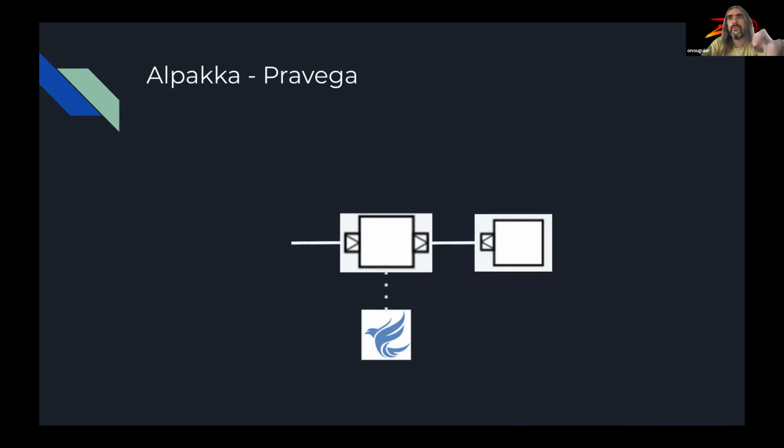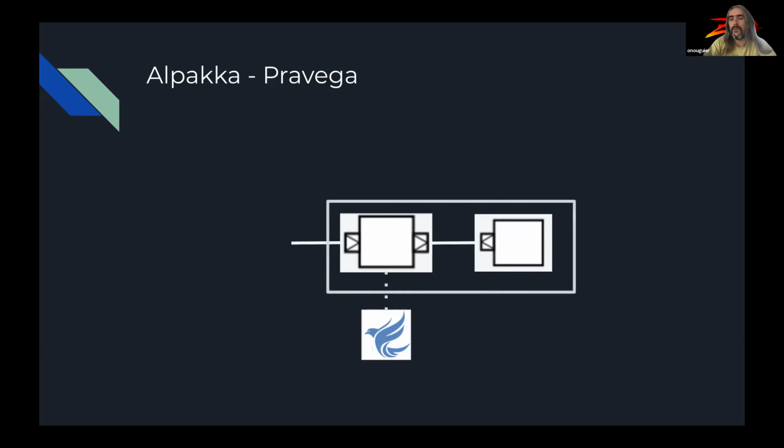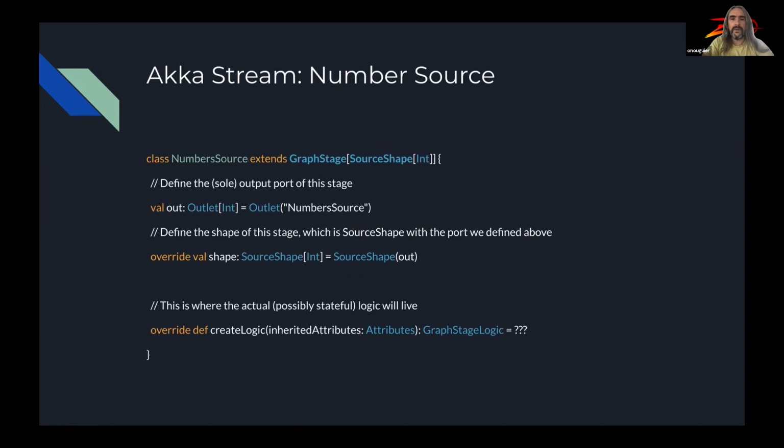Just to illustrate the composition of the library, when we want to provide a sink from a flow, it's very easy. You have a flow, you add a sink which ignores the input, and then from a flow you build a sink.